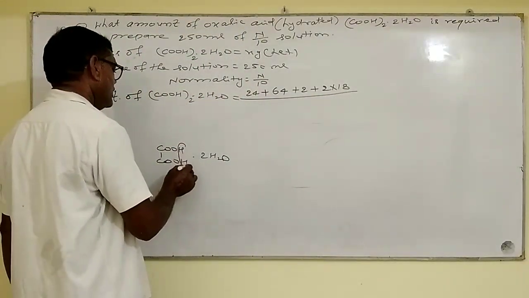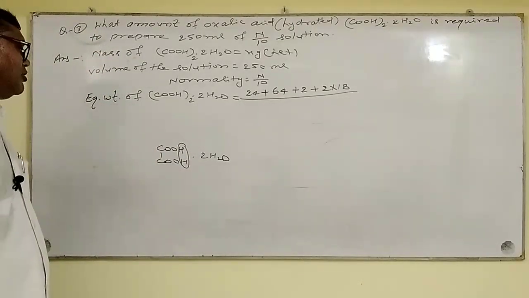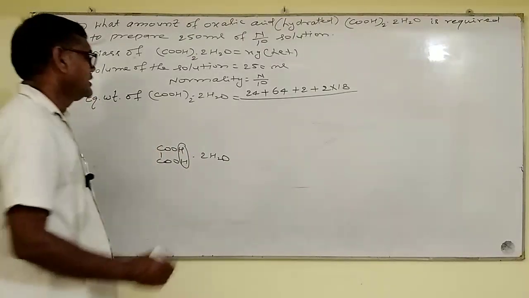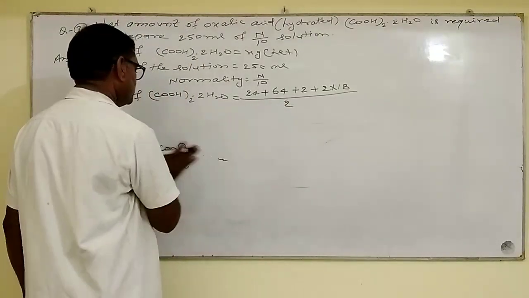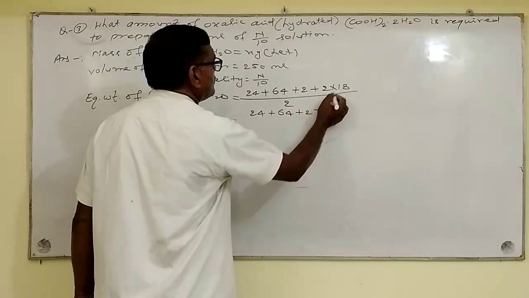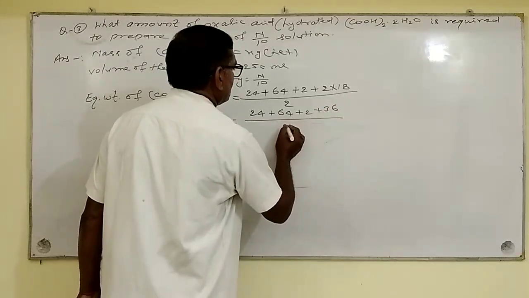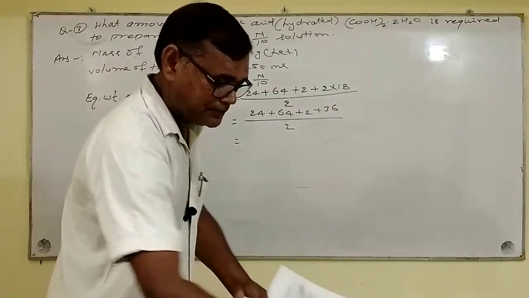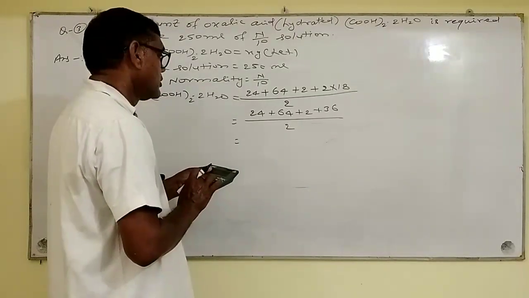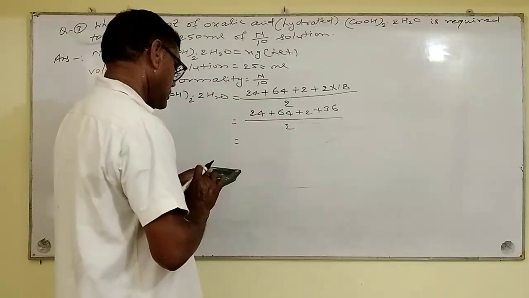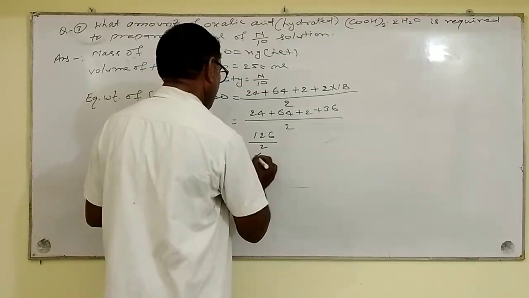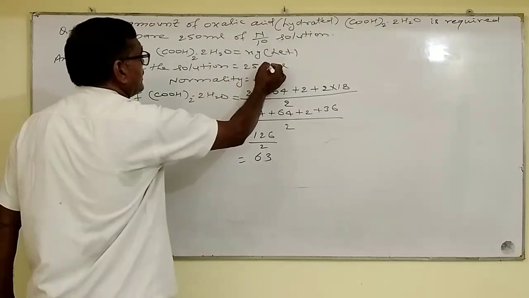In oxalic acid, number of hydrogen atoms 2, therefore basicity of oxalic acid is 2. Here we write 2. 126 upon 2, 63.